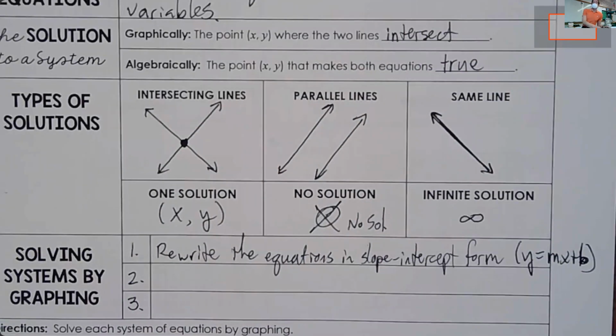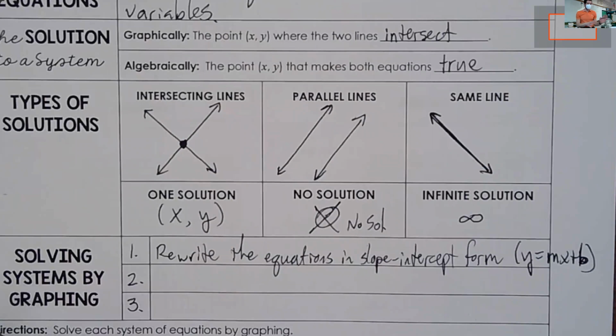We're going to graph these from y equals mx plus b every single time. All right. So once you have both equations in slope-intercept form, by the way, some of them will start off in slope-intercept form, which will make things a little bit easier. But if they're not, we'll have to convert them to slope-intercept form.